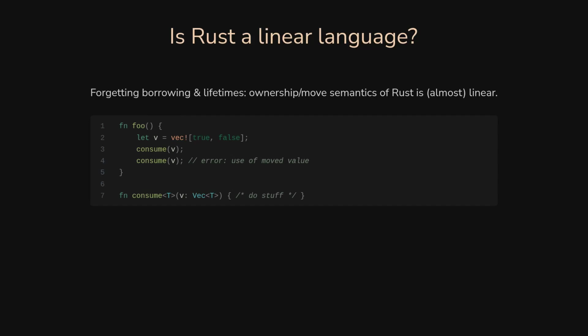And if you look at Rust and you forget about borrowing and lifetimes, the core system of ownership and move semantics obey more or less the same law, right? If you have a function that takes an owned argument, and you call this function with another owned value, you cannot call it again, or you cannot do something else with the arguments that you've passed.